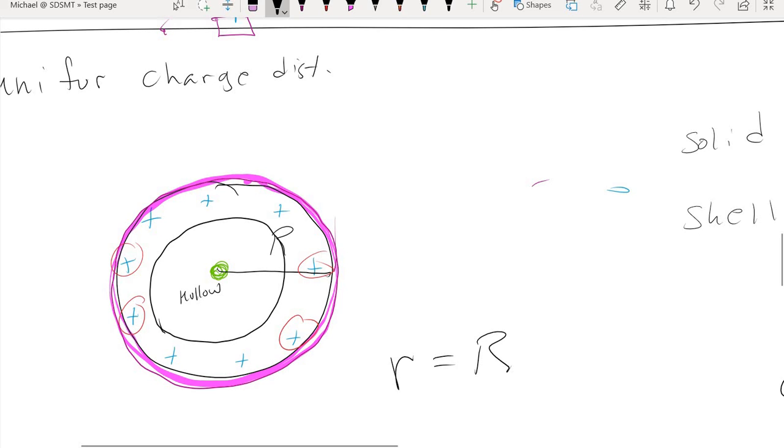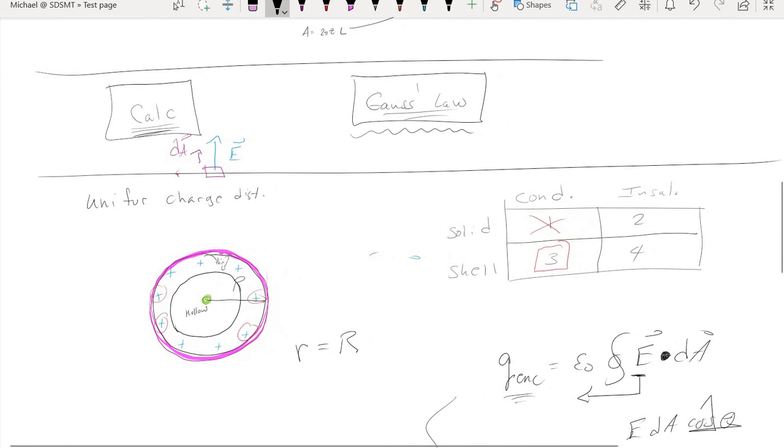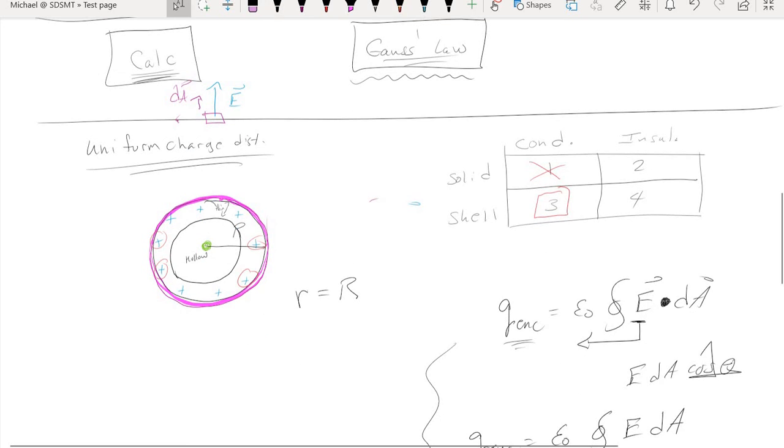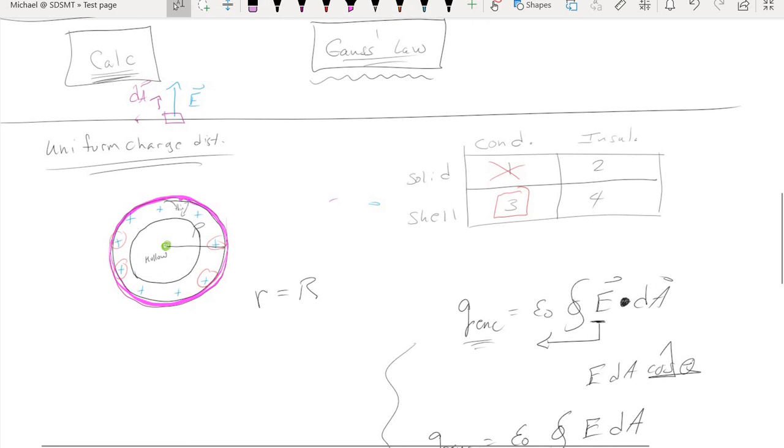So we have a very thin shell here where the charge can exist, but the shell is still made of a conducting material, and so the charge will still have to distribute itself uniformly about the surface. And that's the only major difference between the two pictures.